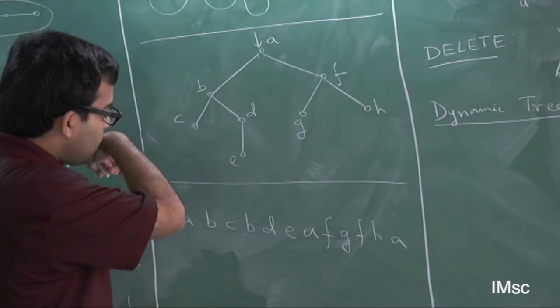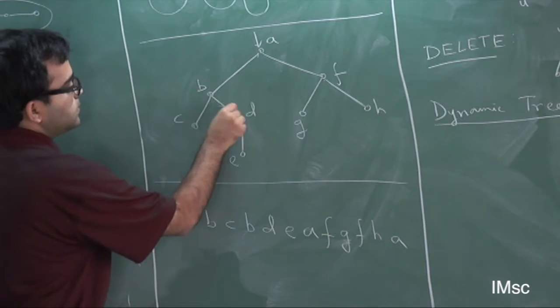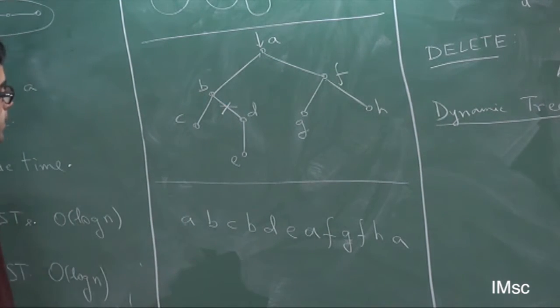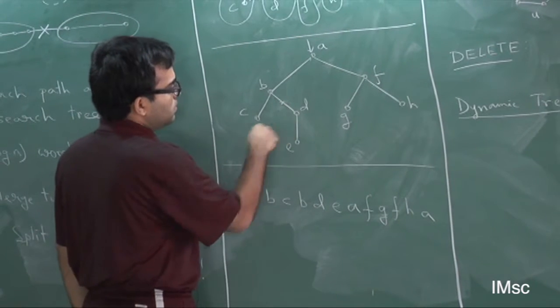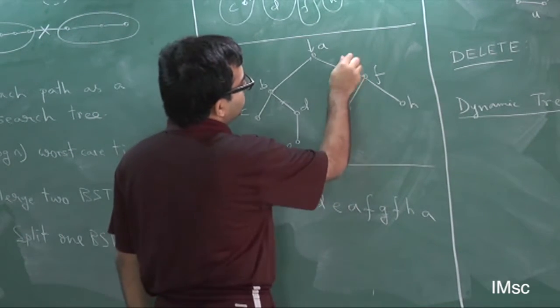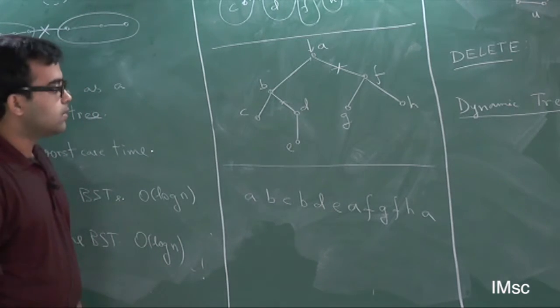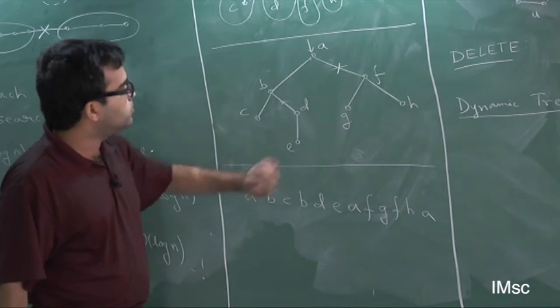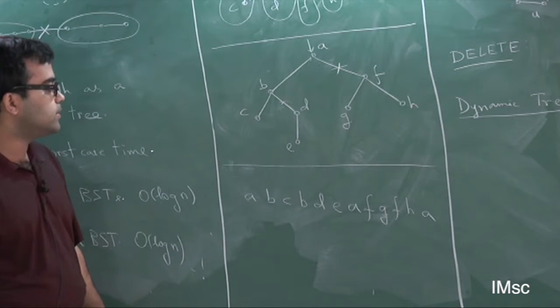Now observe that suppose I tell you that this edge is being deleted, BD is going. Let us make it a little bit more interesting. Let us say this edge is being deleted, AF. After this deletion you will get two new trees. What will be the Euler tour of these two trees?